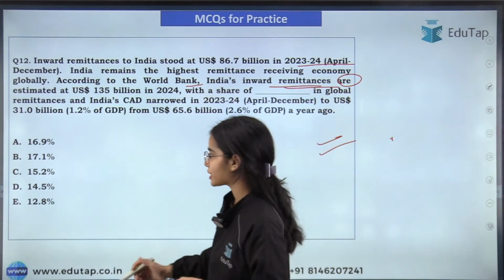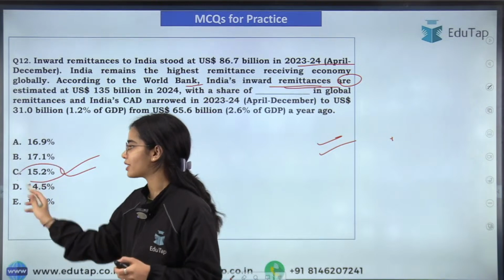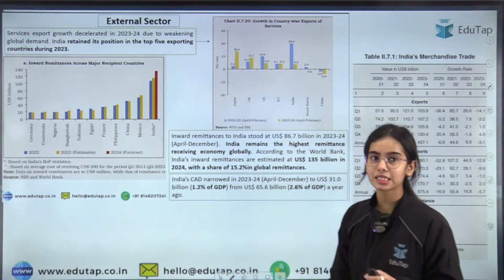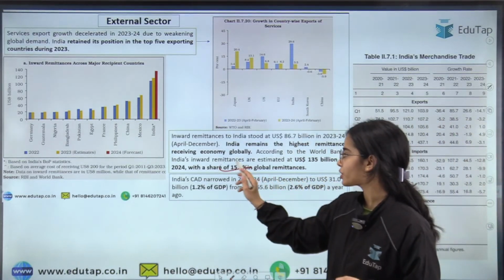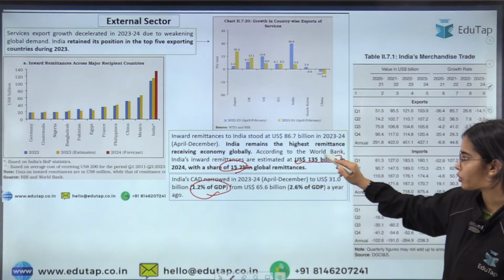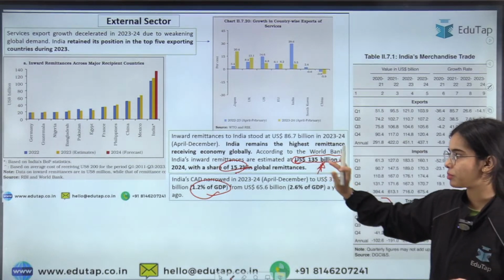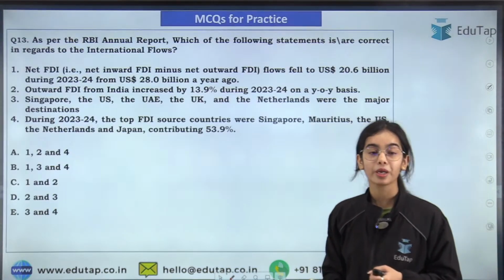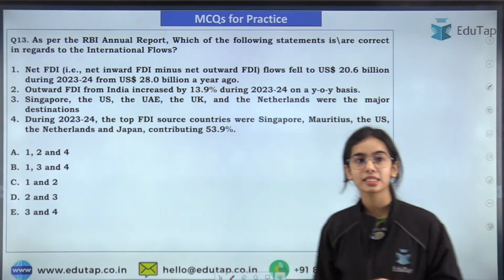So 15.2%. This is the important data point that you have to remember. Very easy. Here you just have to remember the shares. The total amount you can also remember, but the shares are most important.